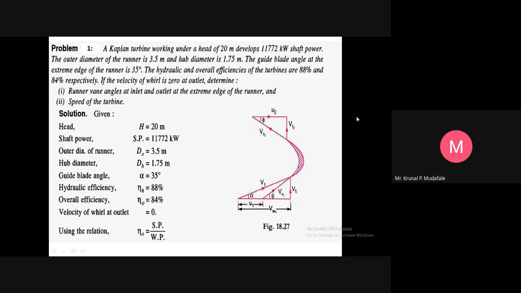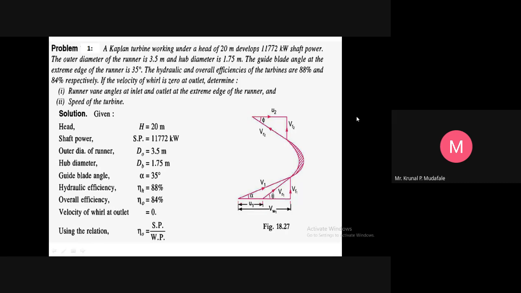The hydraulic and overall efficiency of the turbine are 88% and 84% respectively. If the velocity of whirl is 0 at outlet, determine first, runner vane angles at the inlet and outlet of the extreme edge of the runner, and second, the speed of the turbine.